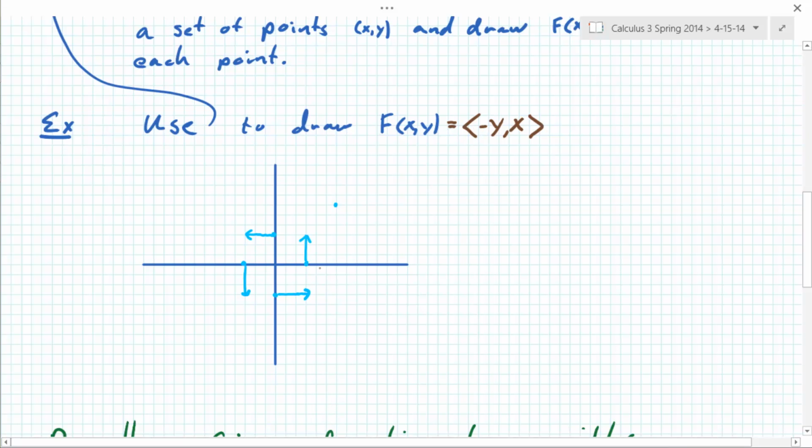So for example, F of (1, 0) is the vector <0, 1>. Sorry, it's <0, 1>.